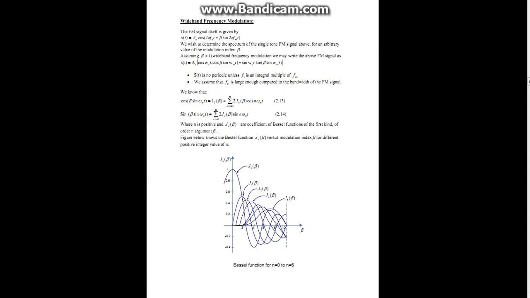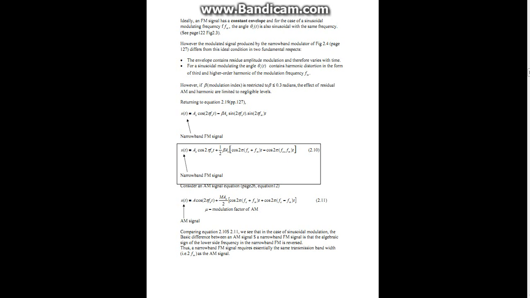We know that the transmission bandwidth of an AM signal is equal to twice the message bandwidth. So we can also say that the transmission bandwidth of the narrowband FM signal is equal to twice the message bandwidth.